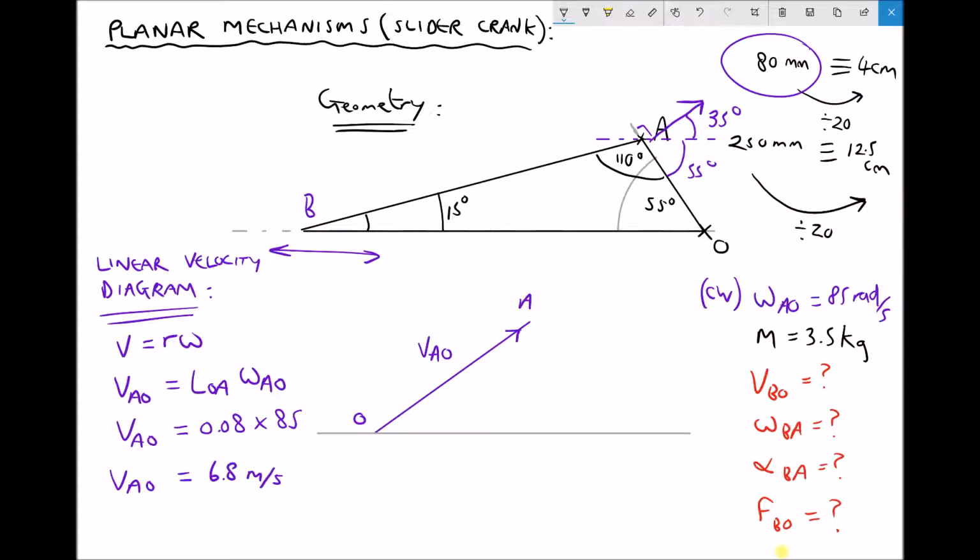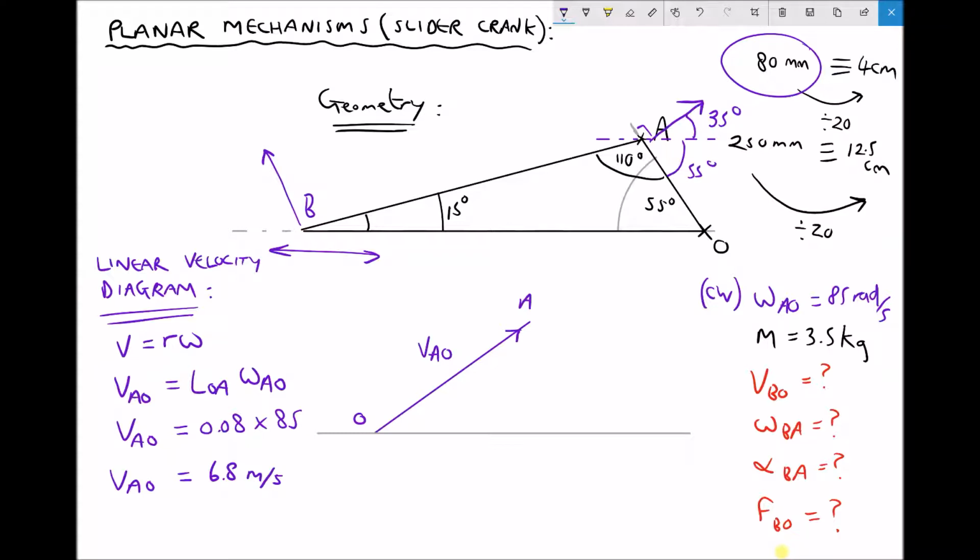Now finally we need to think about the velocity of point B relative to point A. So if we refer to point B on our diagram, point B is moving relative to point A, and it's going to have a direction. Now, for the same reasons discussed earlier, the velocity of point B relative to point A is going to be perpendicular to the linkage.